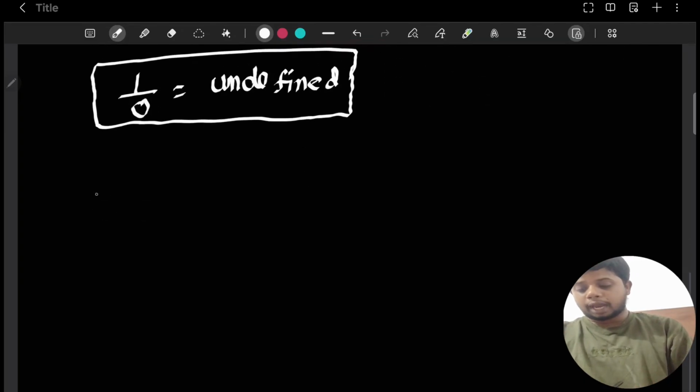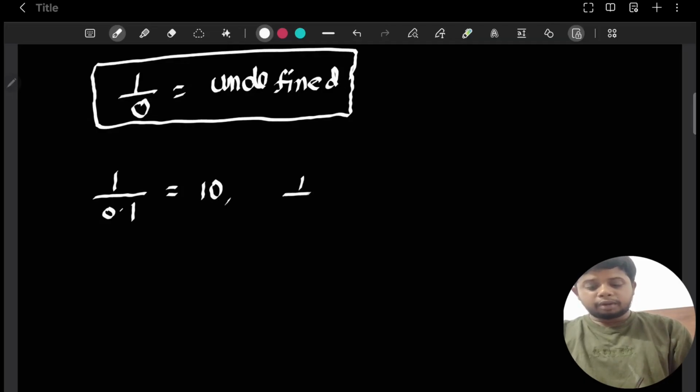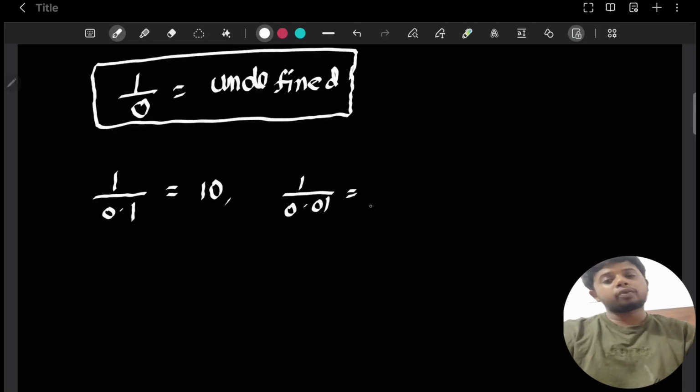If you understood that, now tell me what is 1 by 0.1. You'll ask the same question: how many 0.1s are required to make 1? If I add 0.1 ten times, I'll get 1. If I ask 1 by 0.01, again how many 0.01s are required to make 1?